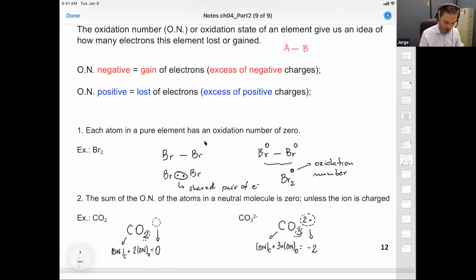Every time you have a number outside of the compound, that indicates the sum of the oxidation numbers of each atom has to be equal to that number. Do not forget about the sign of the number, because that's going to be important. Okay, you have to consider the sign outside.